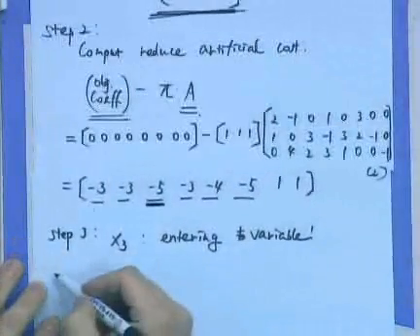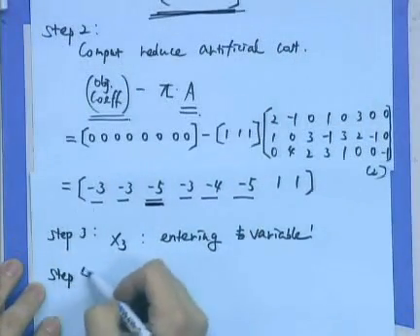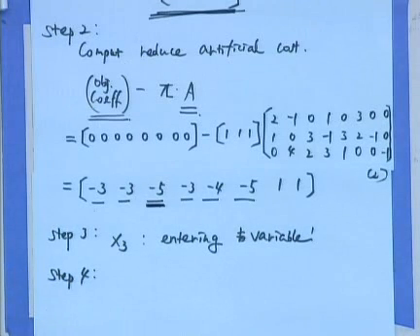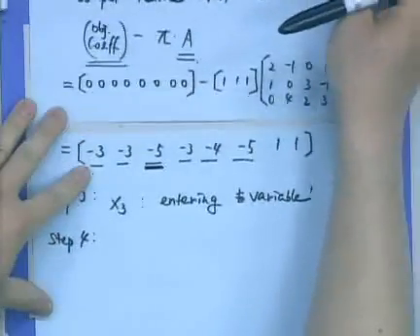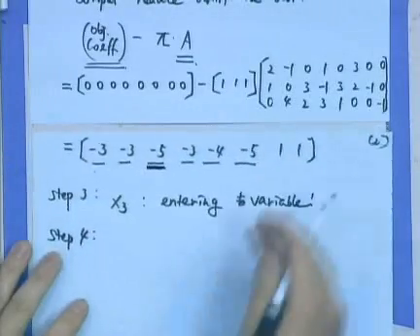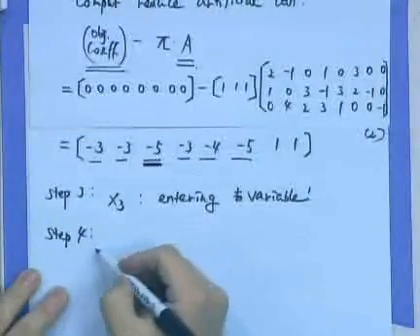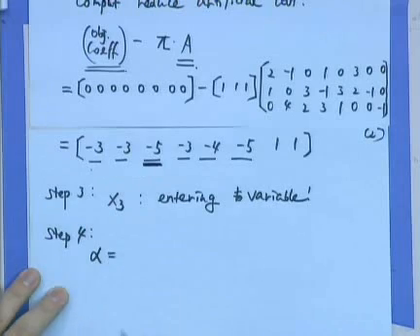Next, you need to determine the leaving variable by performing the minimum ratio test. And the vector of substitution rates of the x3 variable is represented by alpha, right?